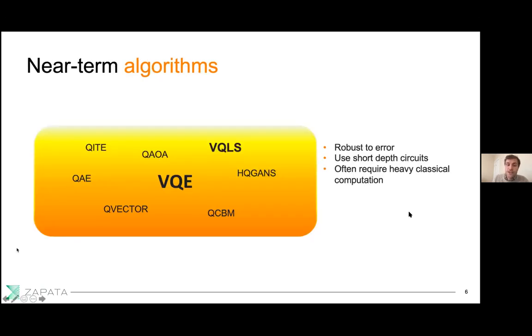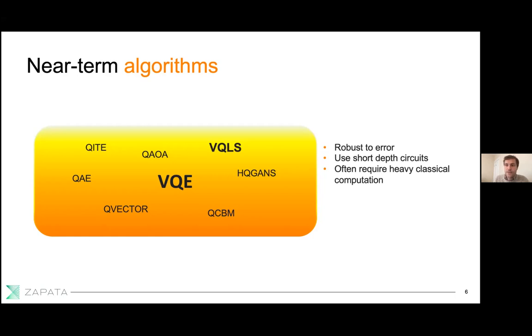I also mentioned these quantum algorithms suited for today's quantum computers. We refer to these as near-term quantum algorithms. You might recognize some of these acronyms, including VQE and QAOA. Maybe those are the two most popular. Researchers over the last 5+ years have been trying to develop quantum algorithms that are tailored to the limitations of today's quantum computers.